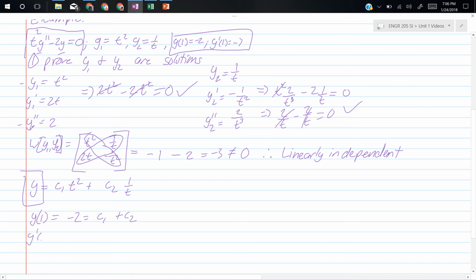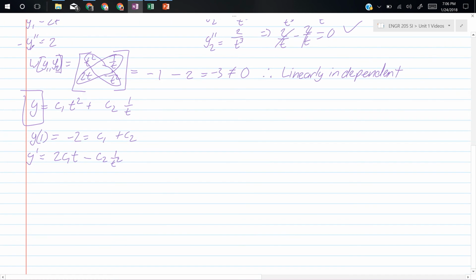For y prime of 1, I'm going to solve for y prime first. y prime will equal 2c1 t minus c2 times 1 over t squared. Now y prime of 1 will equal 2c1 minus c2 equals negative 7.